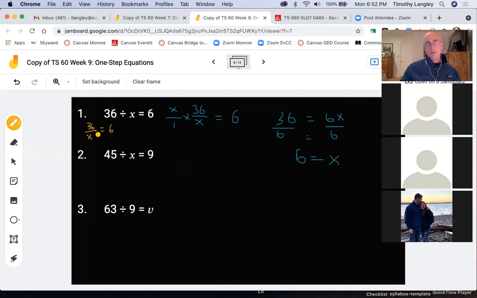I want to get x by itself. So if I multiply each side by x, then I would have 36 equals 6x. And then I have to do another step, which I wrote out here in blue beforehand, just as a reminder what you would do here.